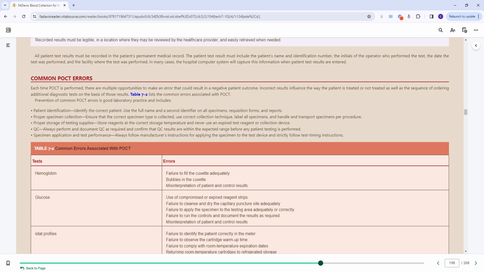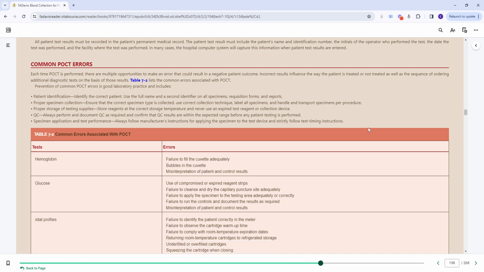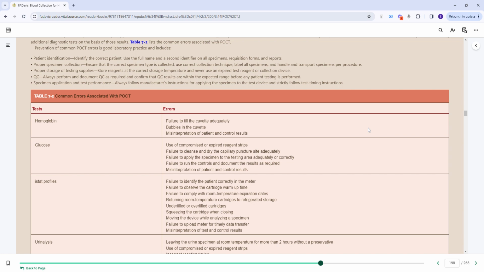Incorrect test results can cause incorrect treatment, whether it's the patient not being treated because they don't appear to have whatever they were being tested for, or being mistreated because the results are not accurate or are elevated. So again, number one thing we need to do is patient identification: full name and a second identifier for all specimens, requisition forms, reports, always and forever.